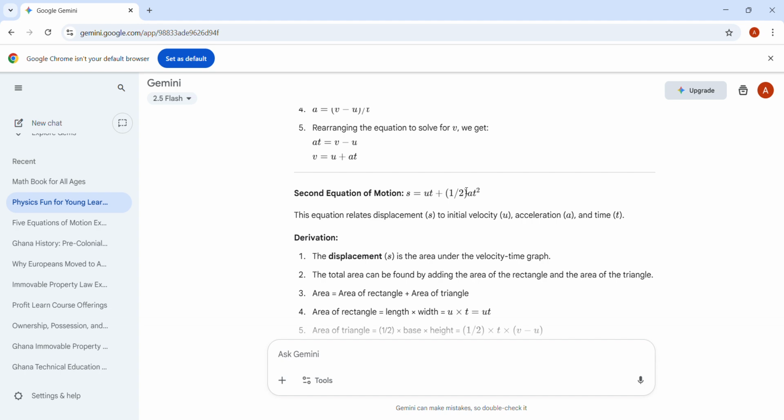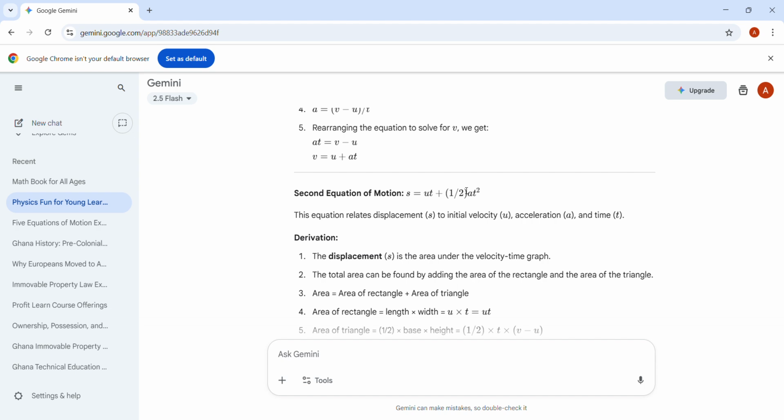We already know a is equal to v minus u over t, so we can make v equal to at plus u. If we put that in s is equal to v plus u over 2 times t, we're going to get at plus u over 2 times t.